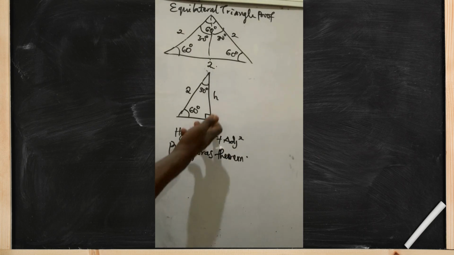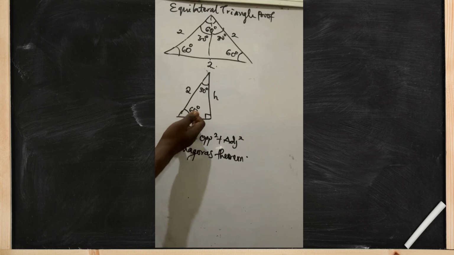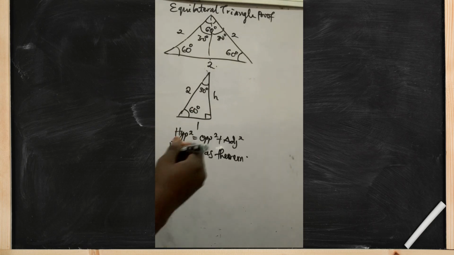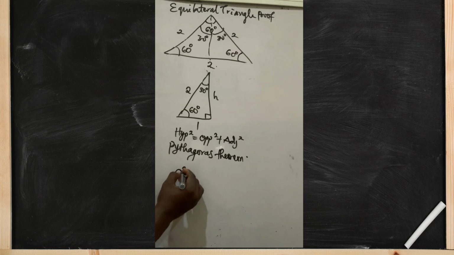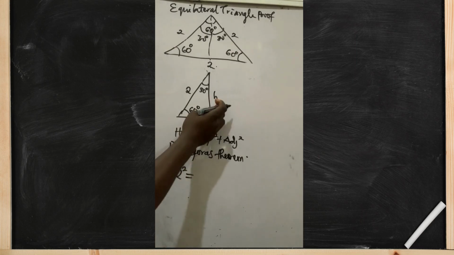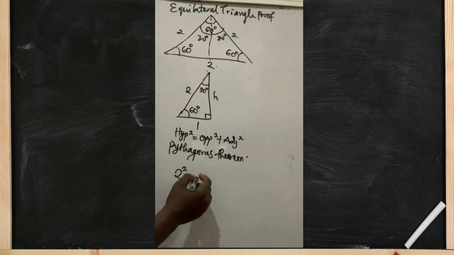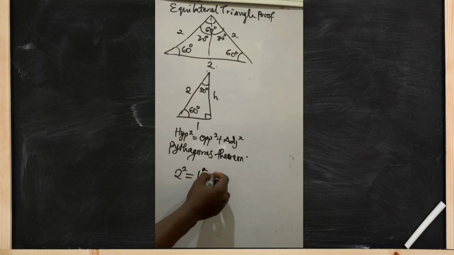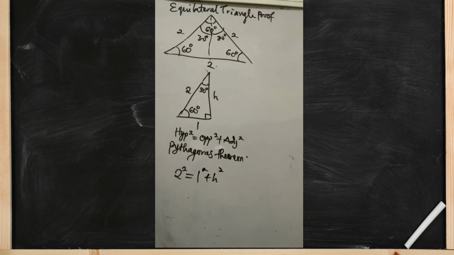If you are going to be substituting each of these values here, considering this as the angle we are utilizing, the hypotenuse is 2, that's 2 squared, equals 1 squared plus h squared, right?